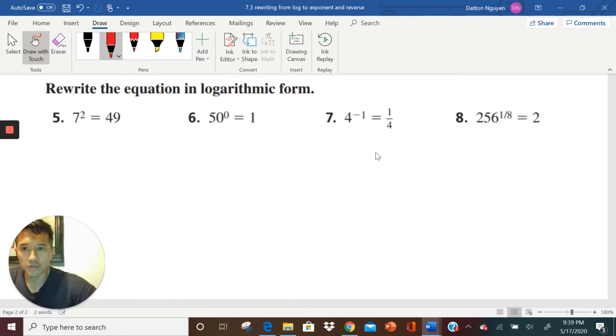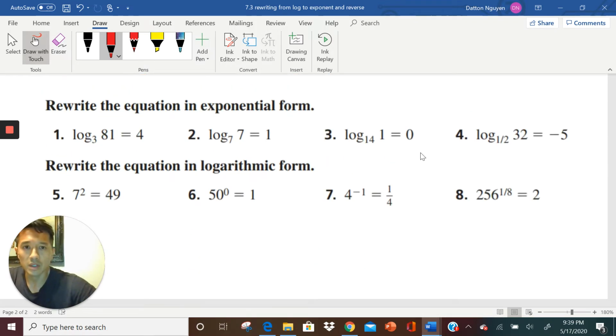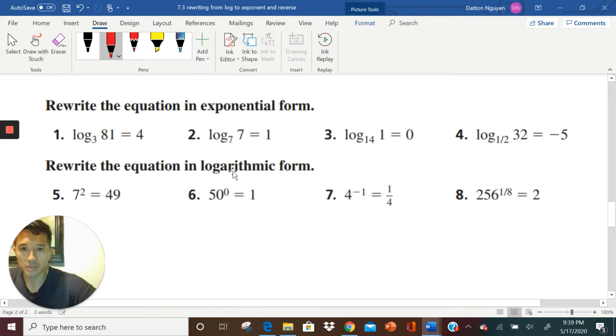So to start you off, I have 8 problems to do here. One is rewrite the equation into exponent form, so you're starting with log. And then the other is writing it from exponent form to logarithmic.